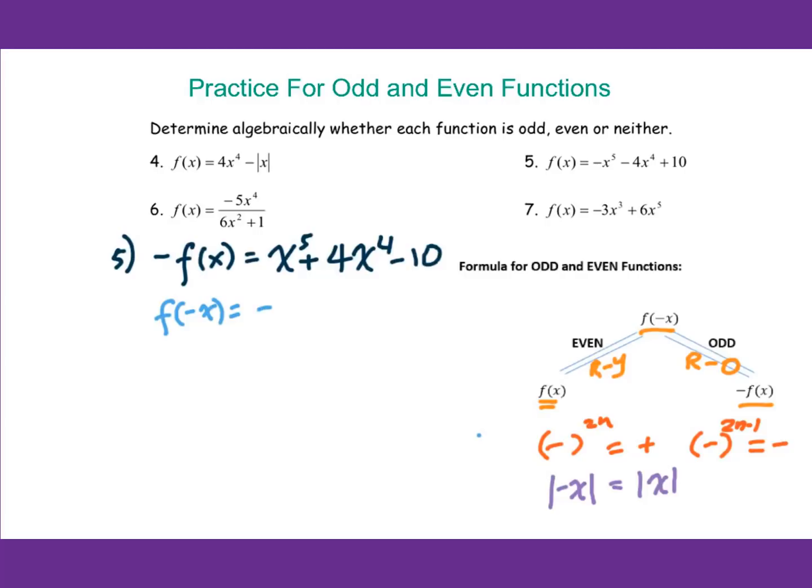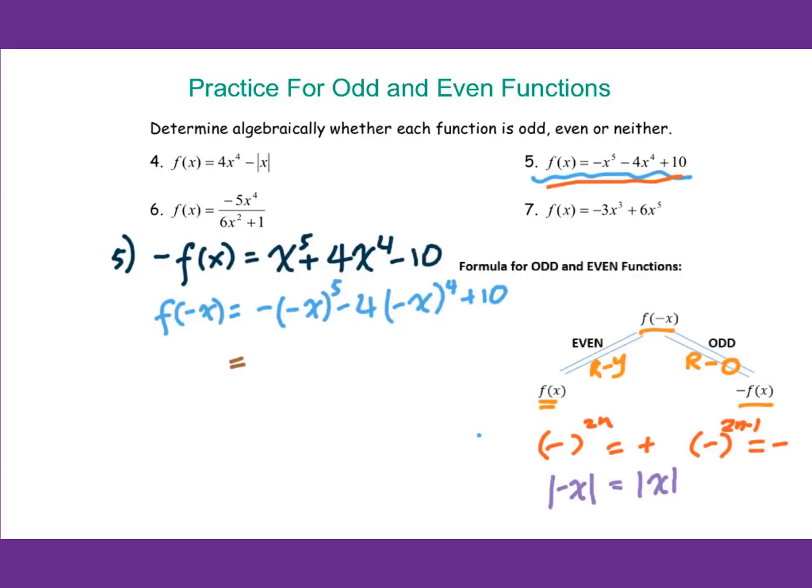So we got negative x to the fifth power minus 4 times negative x to the fourth power plus 10. Remember, for f of negative x, you need to plug into the original function. Then we simplify.